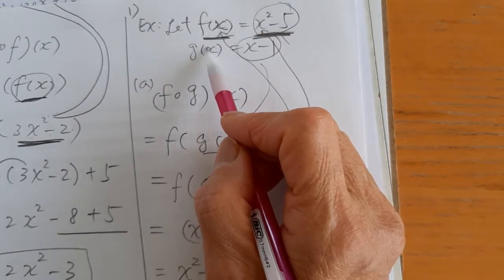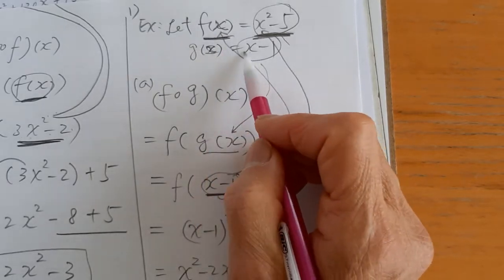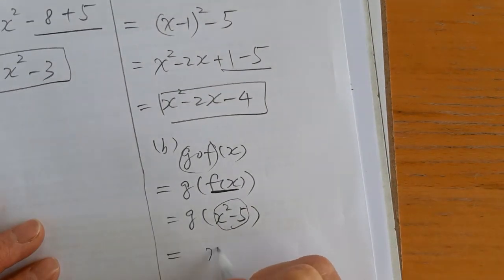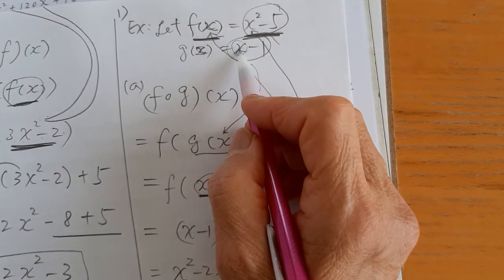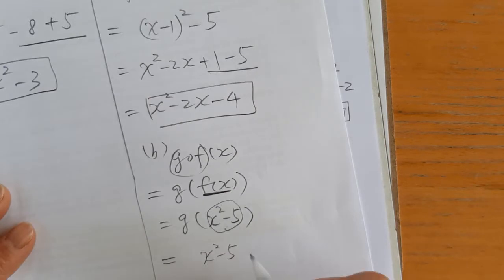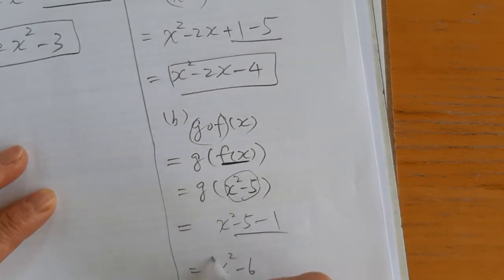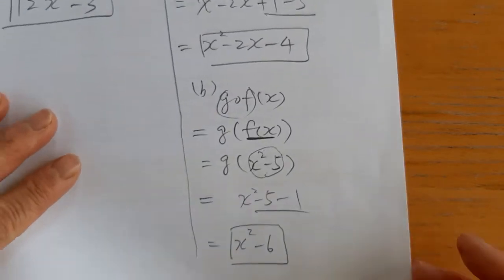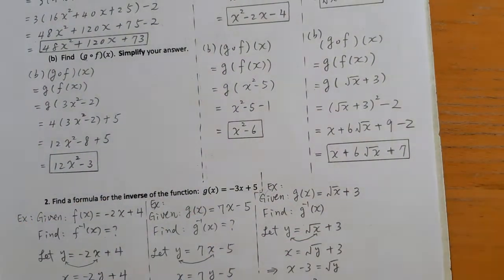In g, this x is substituted by x squared minus 5. So x squared minus 5, plug it in, and minus 1. Combine, and you will get x squared minus 6. So, another example.